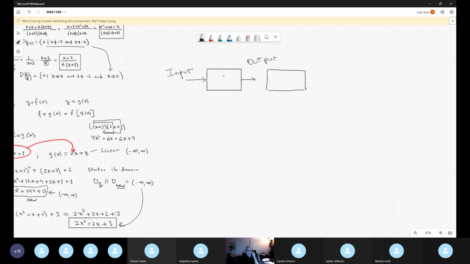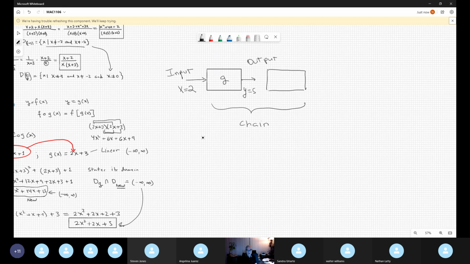Now suppose that this function is g. Then you plug in, for example, I don't know, x equal 2, and you get y equal 5. And we have a sequence of functions, like a chain of functions.